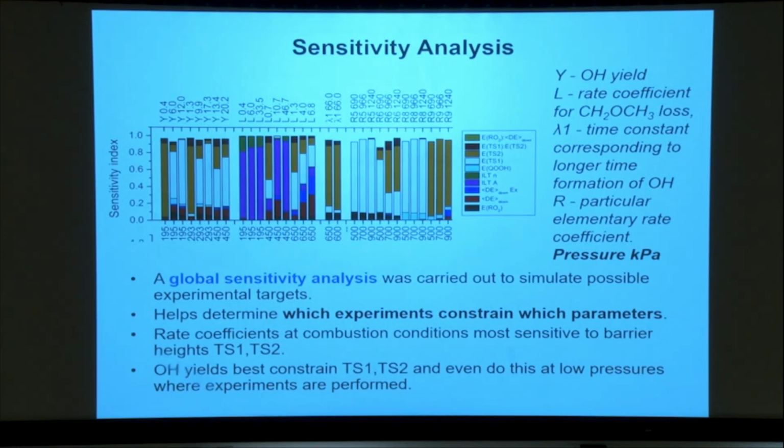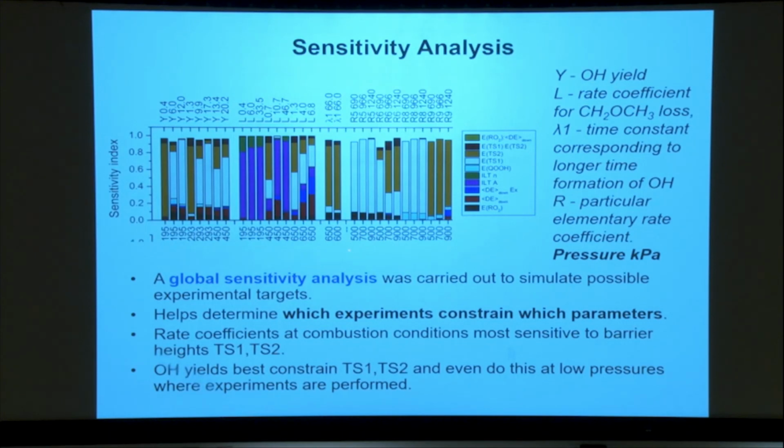So what that tells us is if we can get high quality data on OH yields from our experiments, even at low temperatures, below 500 K, and very low pressures, it will constrain our two transition states. And if we constrain those two transition states, then we can reduce massively the uncertainties in our predicted rate constants at combustion conditions.